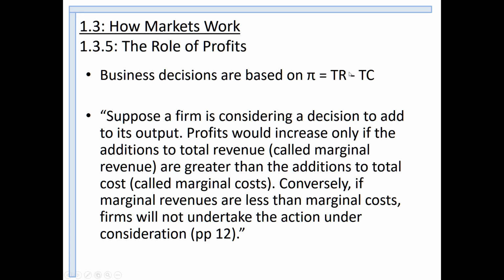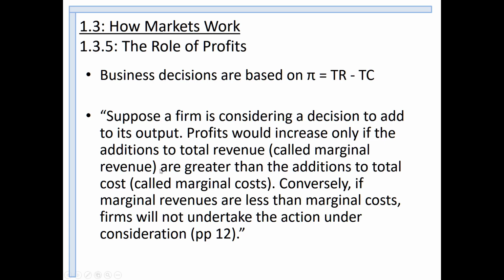Your revenue is going to increase because you are producing and selling 1 more unit. But your cost is also going to increase because it takes inputs and work to produce that extra unit. So, to produce 1 more unit, revenue increases, that's marginal revenue, and cost increases, that's marginal cost.